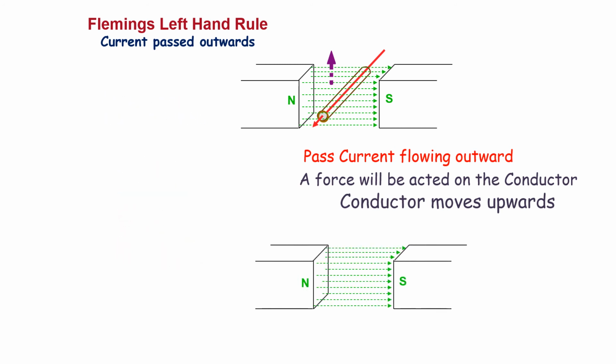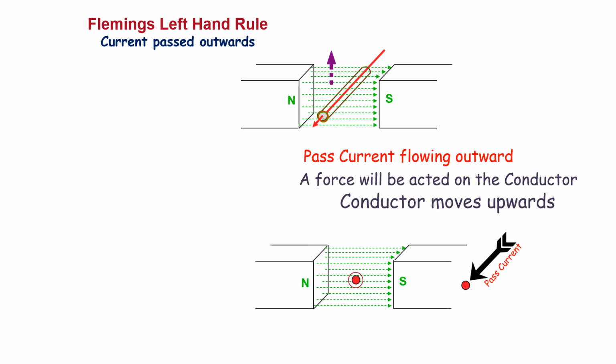Let us understand the same with the help of another figure. The field is shown towards right. Place the conductor. Now the cross section of the conductor is shown. Pass the current outwards. If you treat the current by means of an arrow coming out, you will be seeing the tip of the arrow.